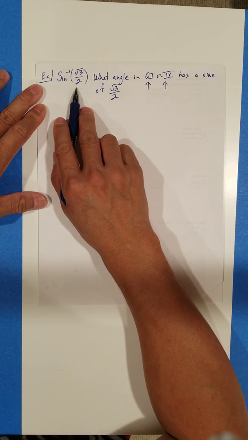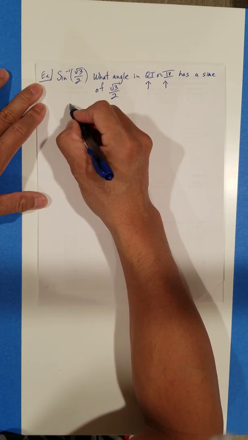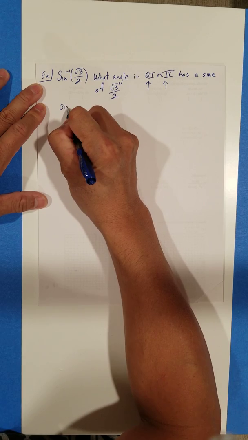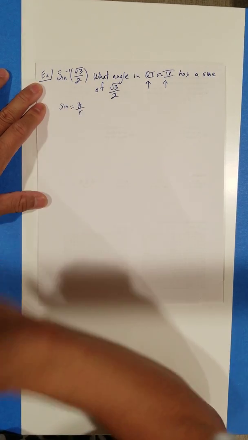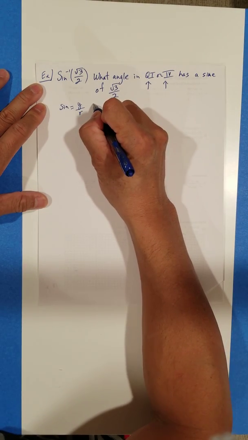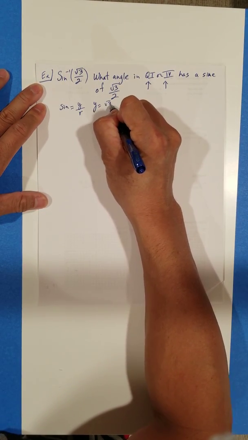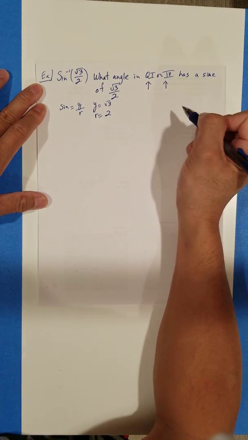So we're going to draw this out. Remember now, sine, if you remember, is y over r. Okay, so this says radical 3 over 2. So that means y equals radical 3, r equals 2, right?